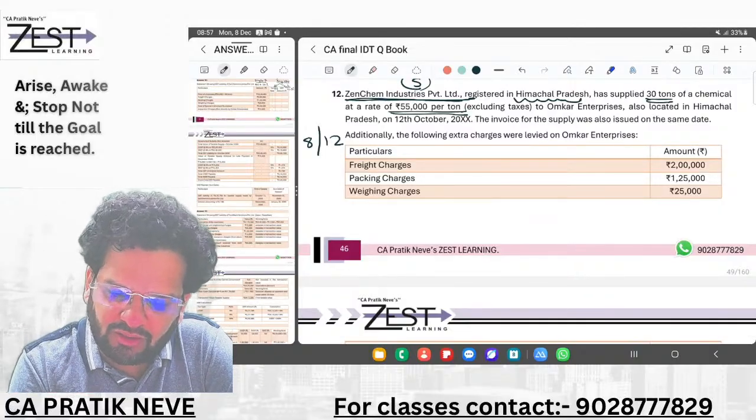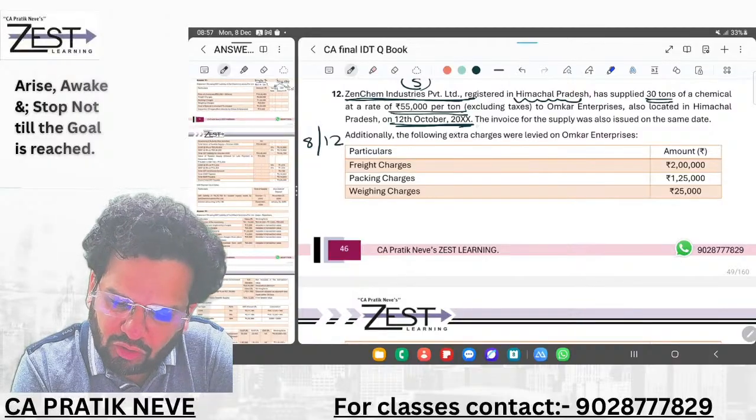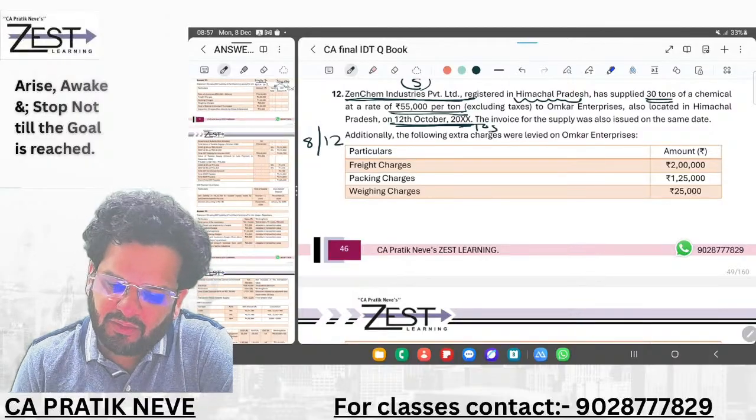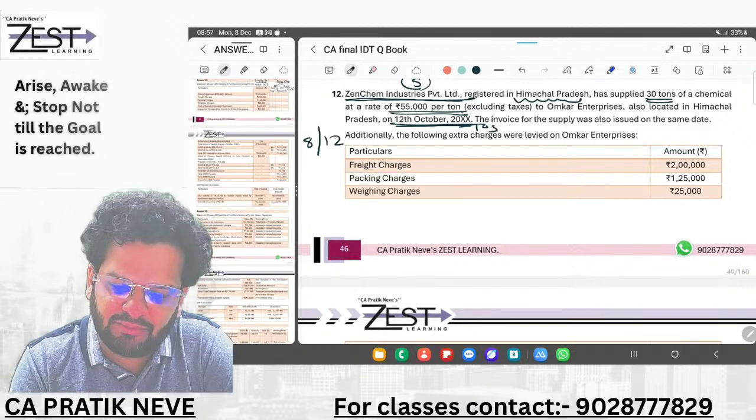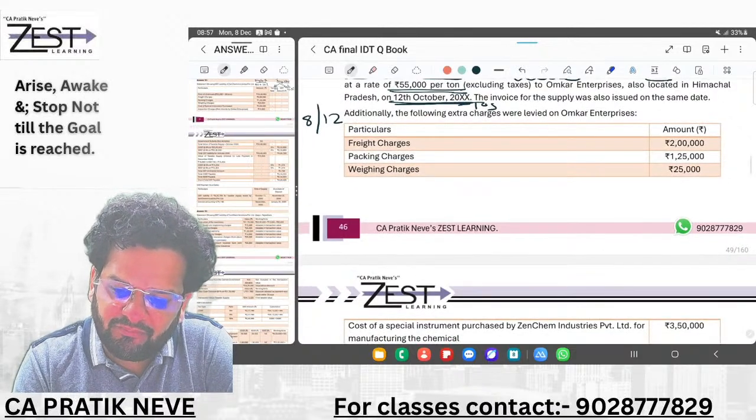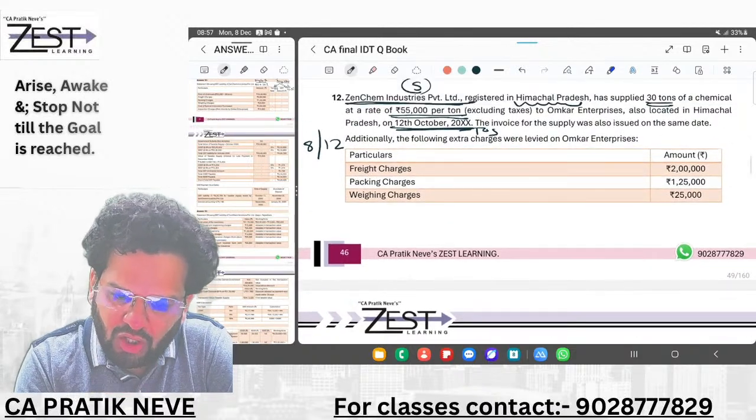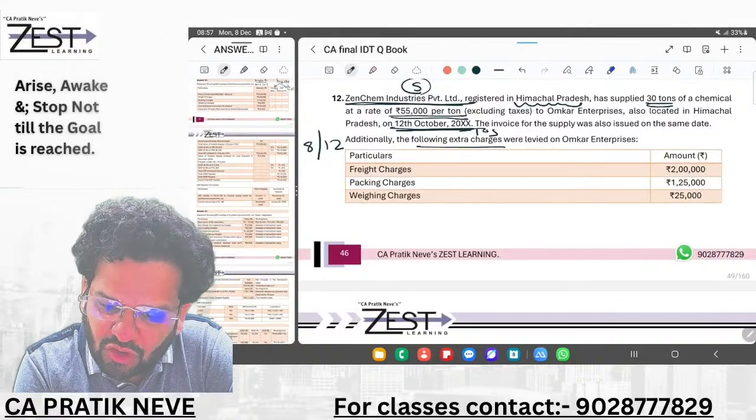So 12th October is the time of supply. The invoice is also issued on the same date. Additionally, he got the following extra charges.